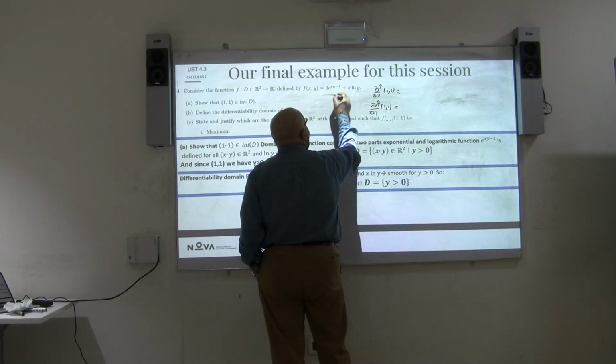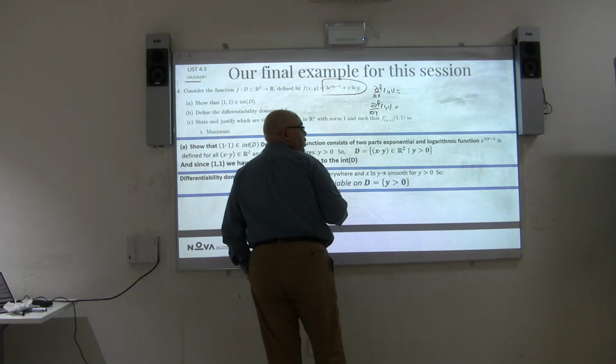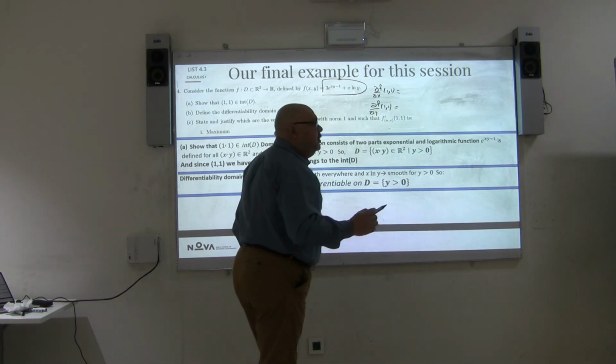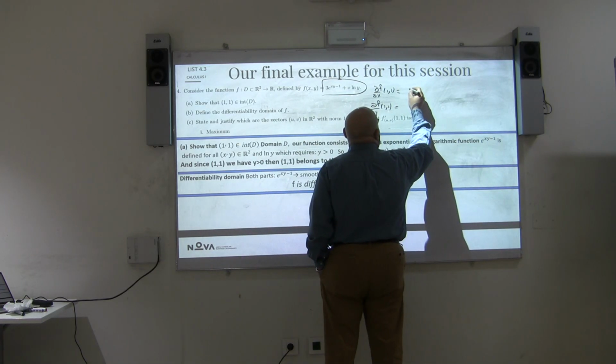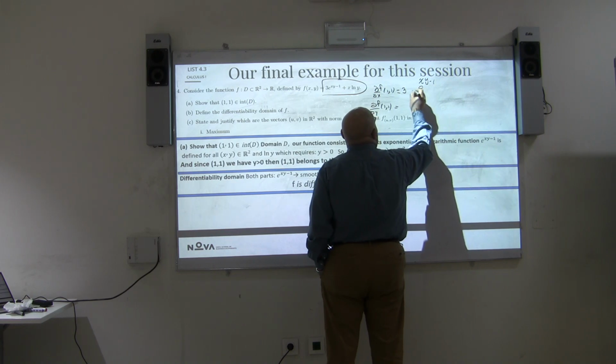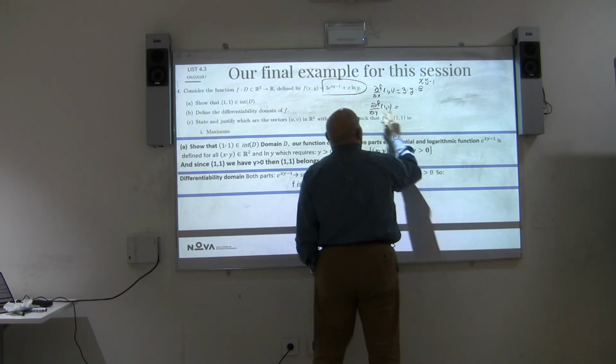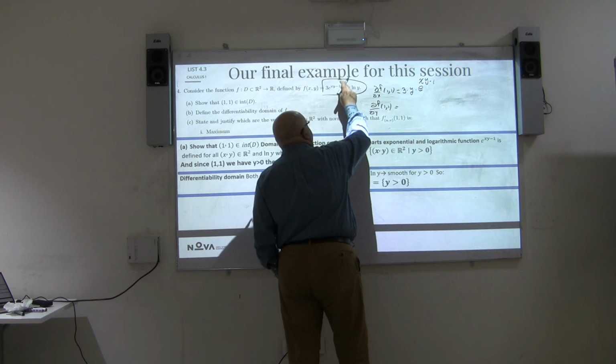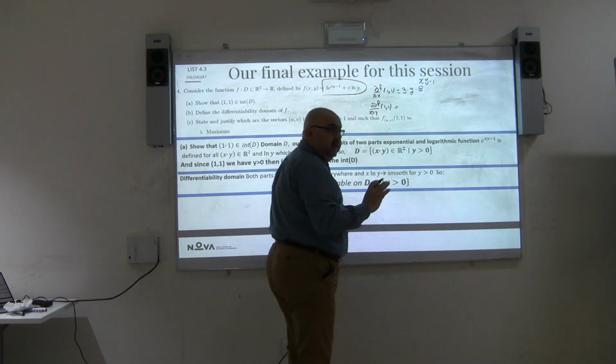So let's start by getting partial f partial x. Differentiating term by term, it's going to be 3 times e to the power of xy minus 1, but don't forget times y. I've differentiated the first part with respect to x.